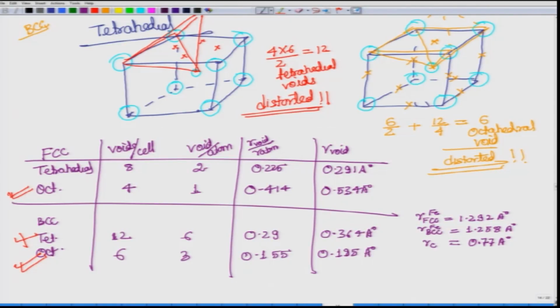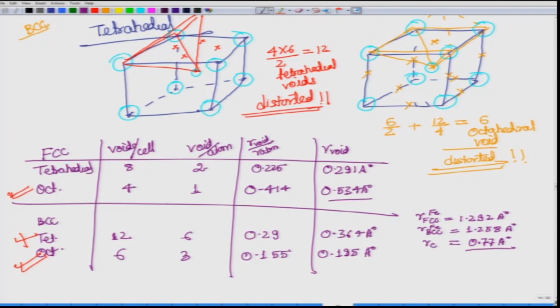So, the first thing you have to realize, let us first look at this simple case where everything is going as per our expectation. The carbon is sitting at the octahedral void, and here the octahedral void radius is 0.534 angstrom, while the real radius of the carbon atom is 0.77 angstroms.